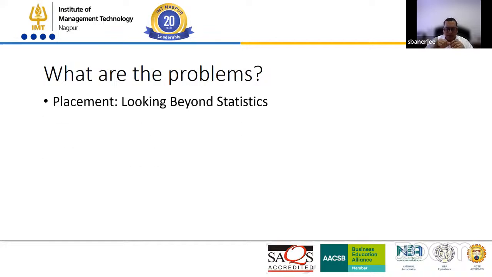Now, when you look at a B school and its average or median CTC, and you make a calculation as to this is what I'm going to end up with at least, you are missing an important point here, that a median is about the top 50, and for the rest 50 percent of the students who are graduating, there is no data available to any of us.